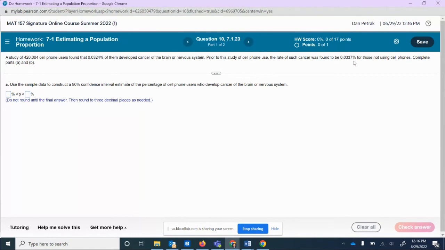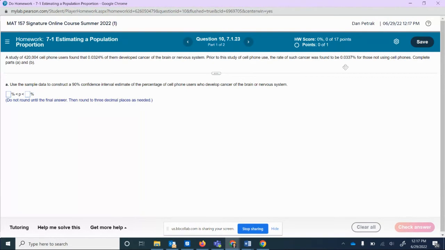Our alternative is that we could have an inclination that it's higher or lower or not equal. We're probably most concerned with cell phone users if it's higher. So I would say our alternative hypothesis is P is greater than 0.000337. How does that sound?